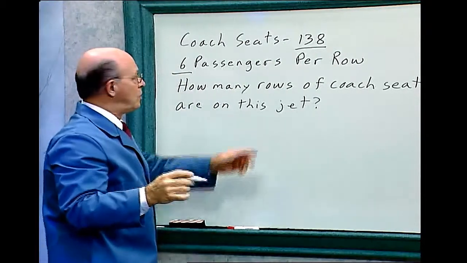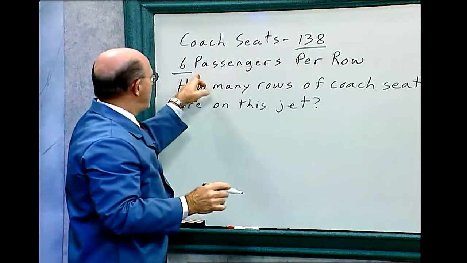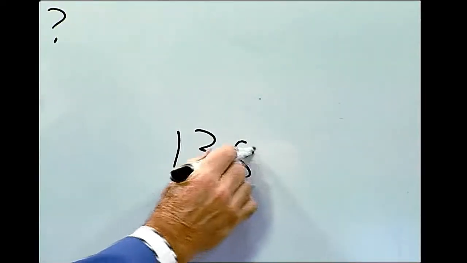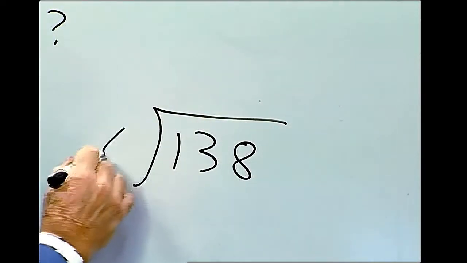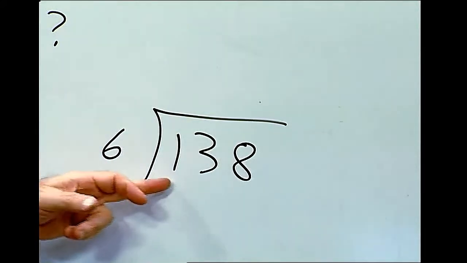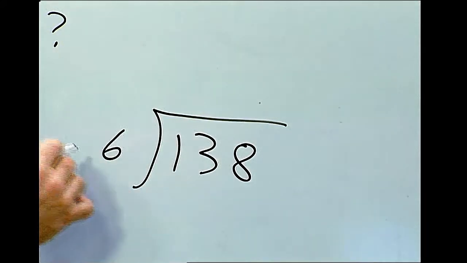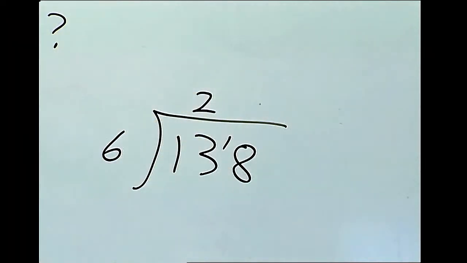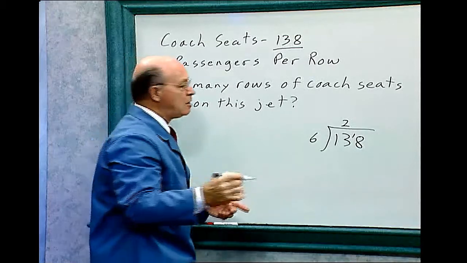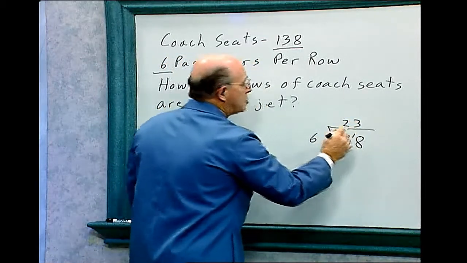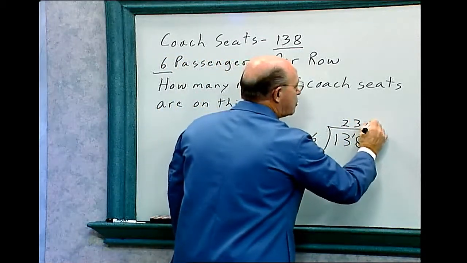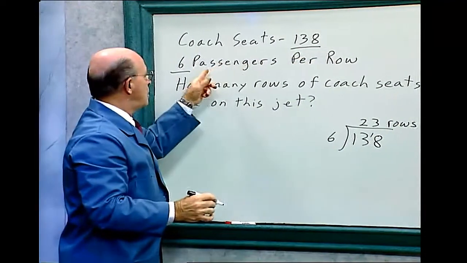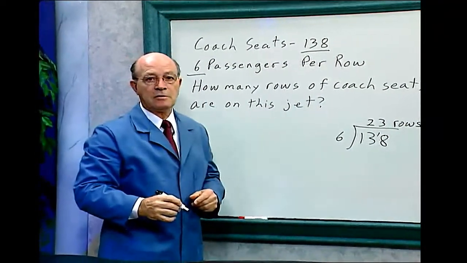So what we have to do is divide the 138 by 6. 6 cannot go into 1, but 6 goes into 13 2 times with 1 remaining. 6 goes into 18 3 times. So there are 23 rows of coach seats on this passenger jet.